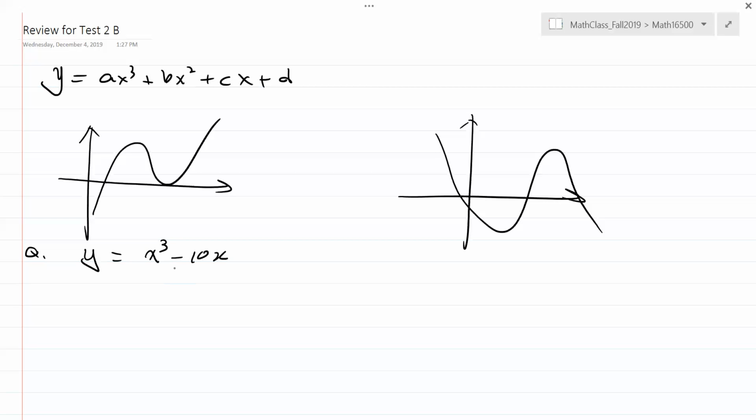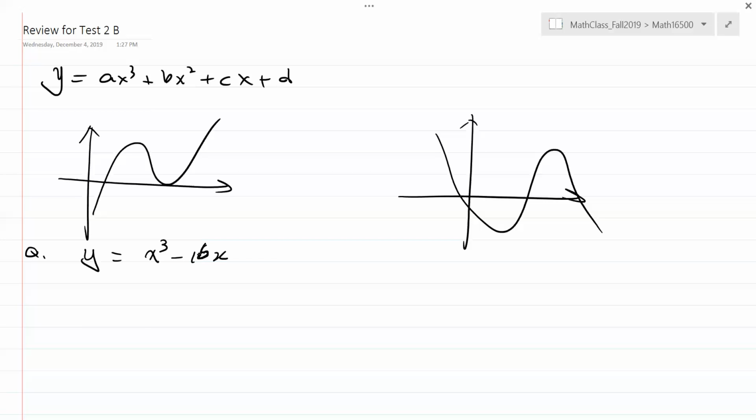I'm going to change it to 16 because I really want to get integers. So you can sketch. You can find the local maximum value, local minimum value, and where you're going to get a local maximum value and local minimum value.